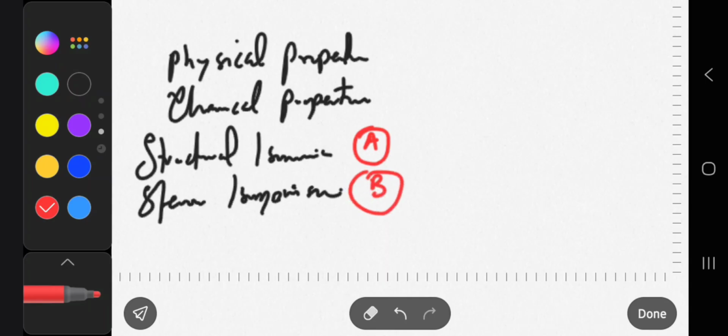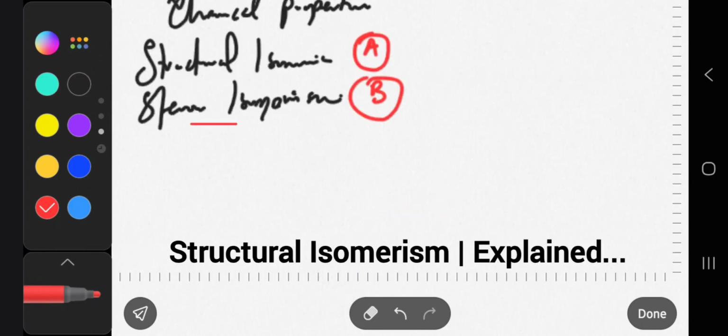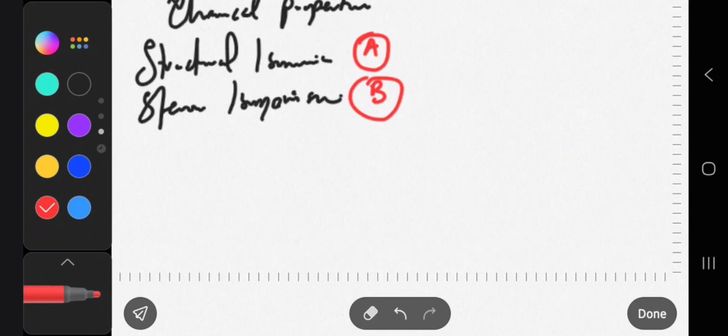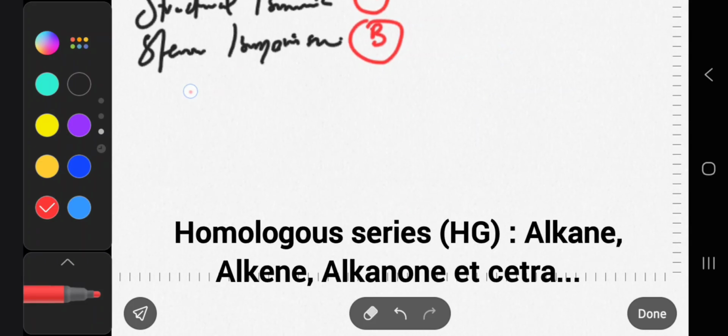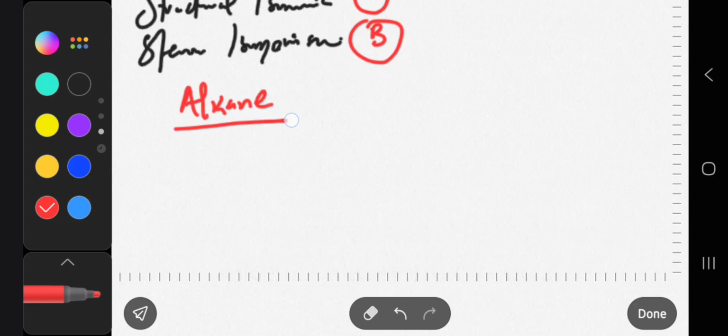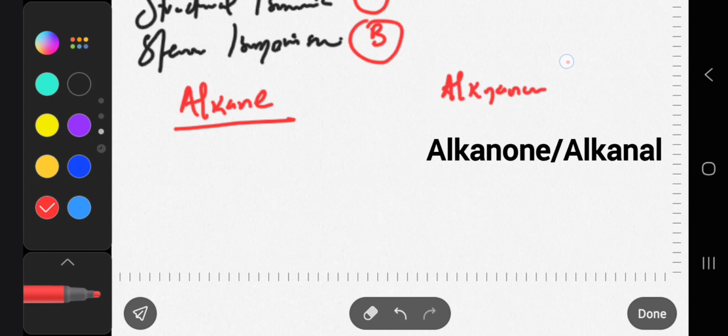We would start with structural isomerism. Structural isomerism can occur in the same homologous series or different homologous series for a particular member. This is what I mean. If we have an alkane as one homologous series, and then we have, let's say, an alkanone, then we have, let's say, an aldehyde or alkanal.